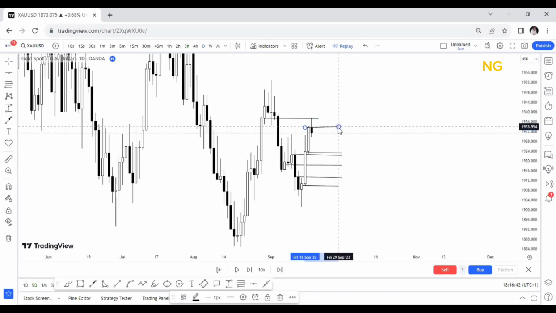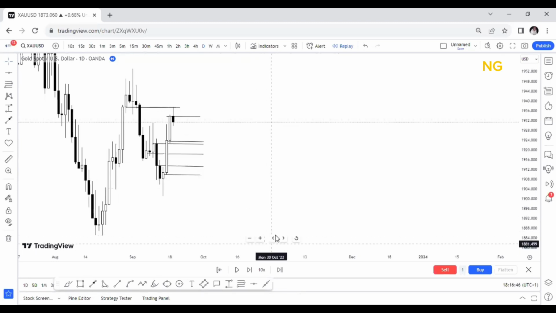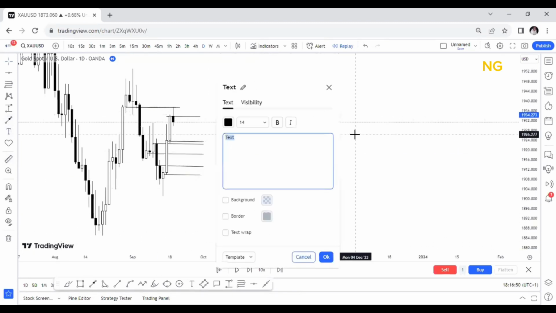And one thing you must look out for: you must validate the level that is being tapped into. Before you first see your S&R validation in your setup, you want to see this. First, it must come with a wick, a shadow. Price must tap into it.